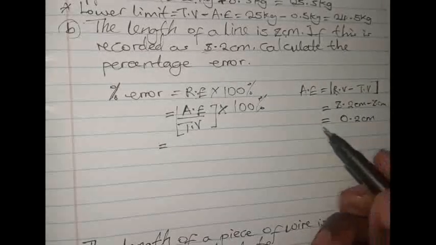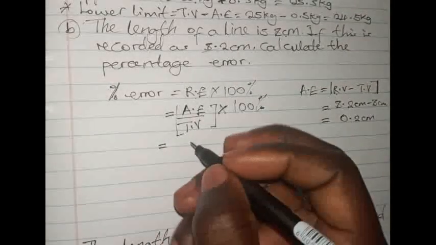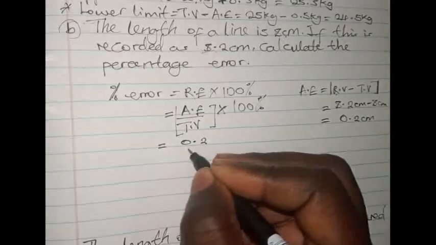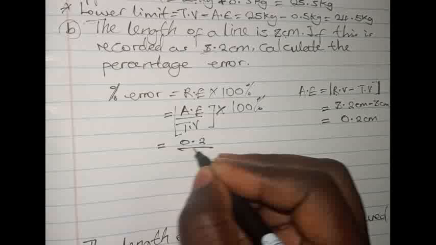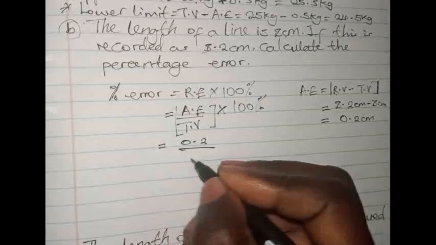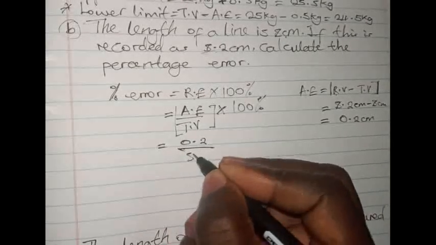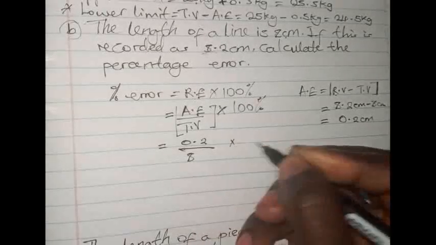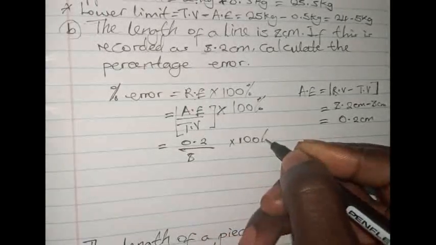So our absolute error is 0.2 over the true value, which is 8, multiplied by 100%.